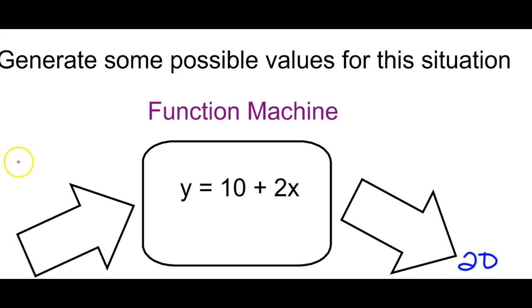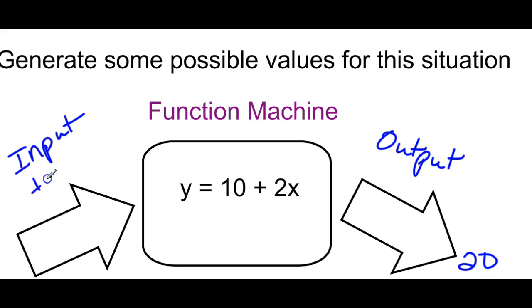This is what goes in. This is what comes out. This is my input. This is my output. We also said this was our independent variable.